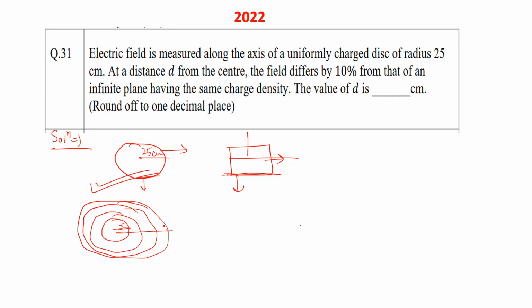So first find the electric field due to a ring. This is a ring with radius r. We need to find the electric field at this point. So we will take these two elements here. Now the electric field due to this element and the electric field due to this element.